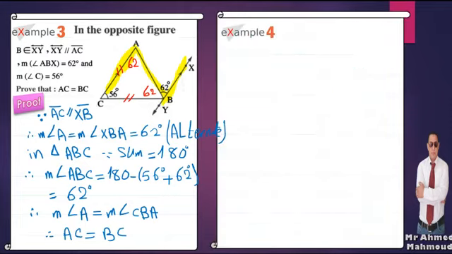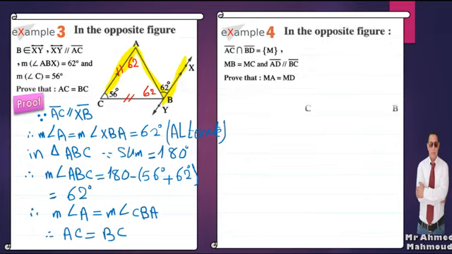Next, here we have AC intersect BD equals M, and MB equals MC, and AD parallel to BC. Prove that MA equals MD. First, since MB and MC are equal, therefore angle B equals angle C, because this triangle is an isosceles triangle.